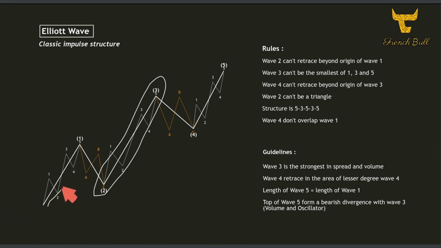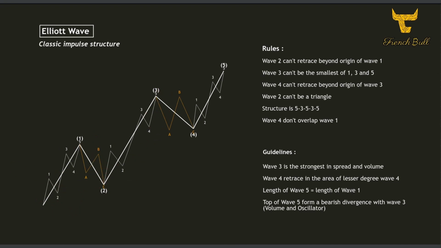It can be smaller than wave 1 or wave 5, it can be smaller than one of them, but not both of them at the same time. So if wave 3 is smaller than wave 1, it means that wave 5 will be smaller than wave 3. And if wave 5 is longer than wave 3, it means that wave 1 will be smaller than wave 3.